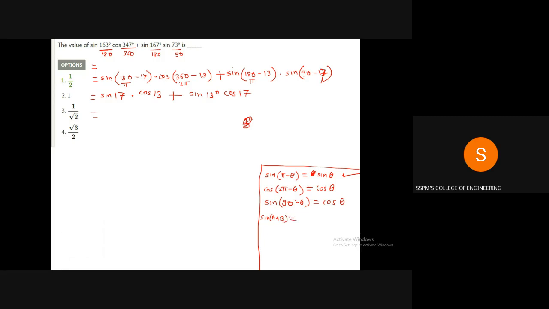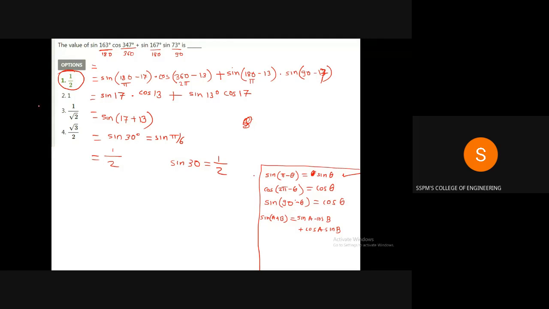Expansion of sin a plus b: sin a plus b is expanded as sin a cos b plus cos a sin b. So this expression can be written as sin of 17 plus 13, which is equal to sin 30 or sin pi by 6, which is equal to 1 by 2. What is the value of sin 30? It is half. So this will be the correct option.